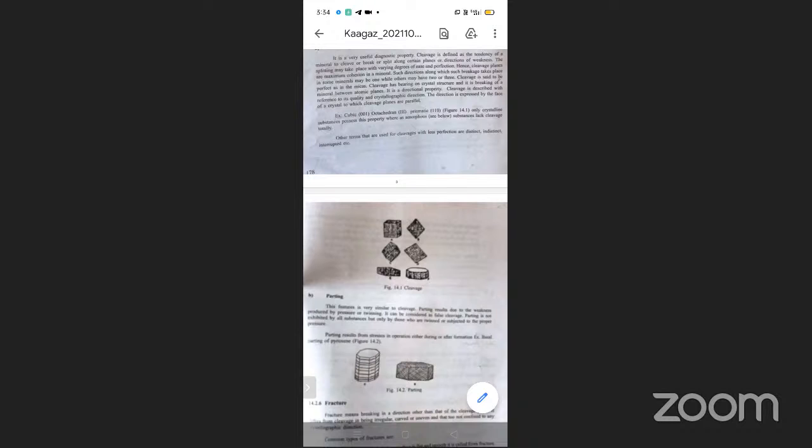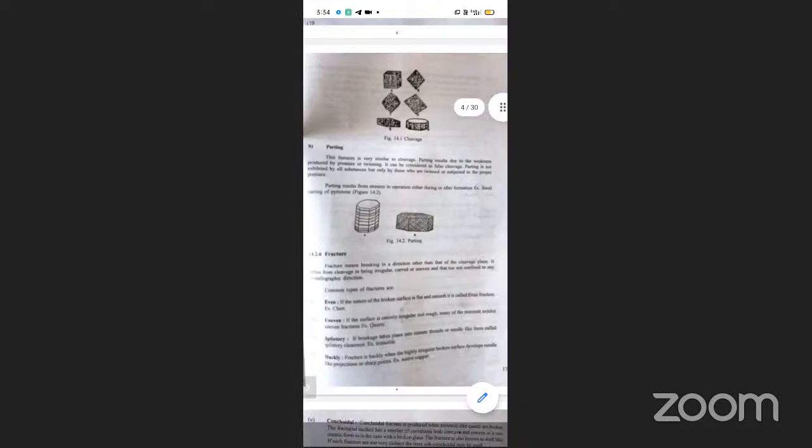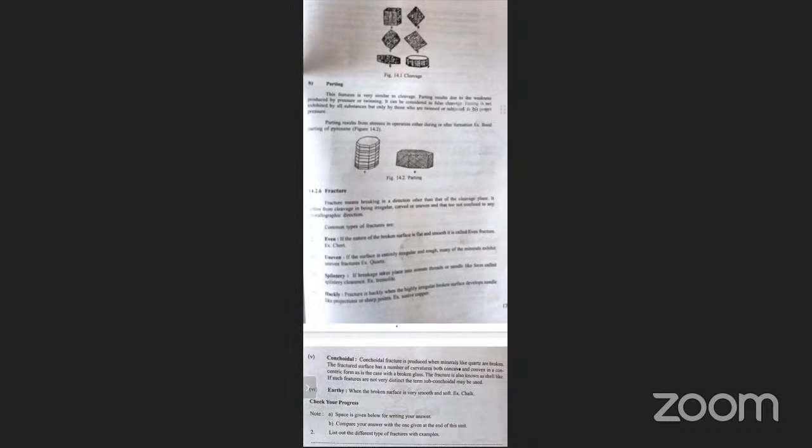Another property is fracture. Fracture means a breaking property. It is a breaking in a direction other than the cleavage plane. Cleavage is like small scratches or small breaking lines on a plane, but fracture is a major breaking line within a mineral.